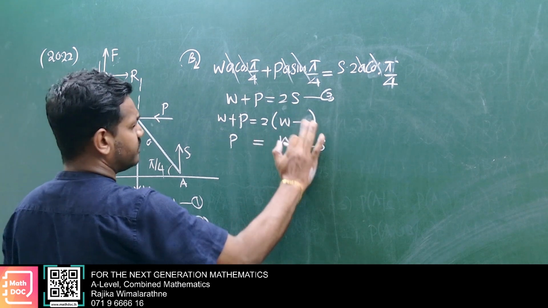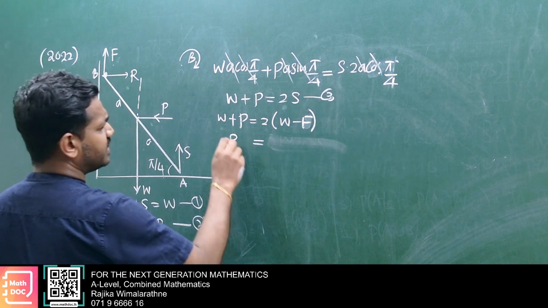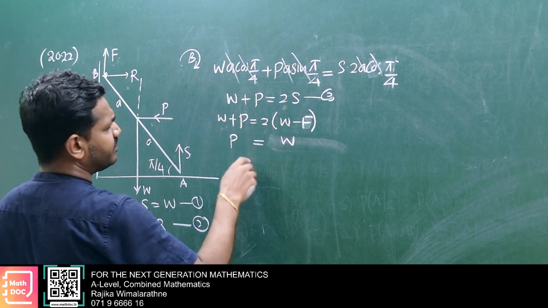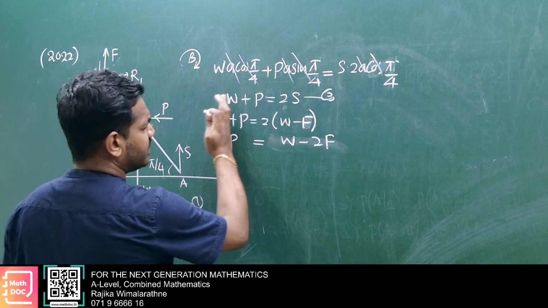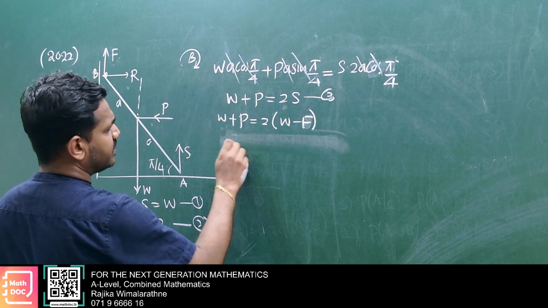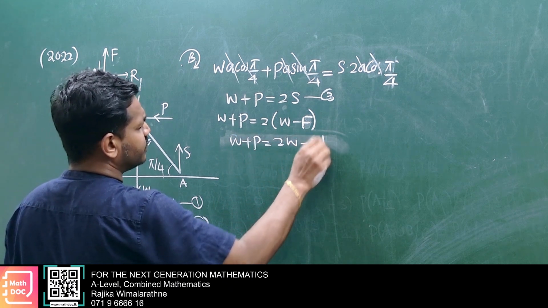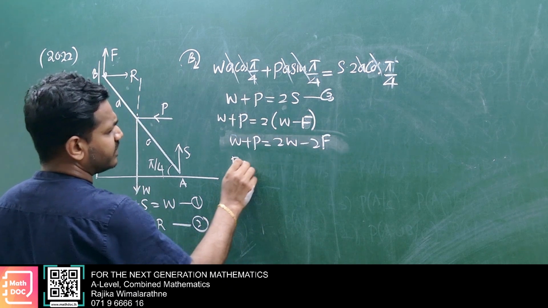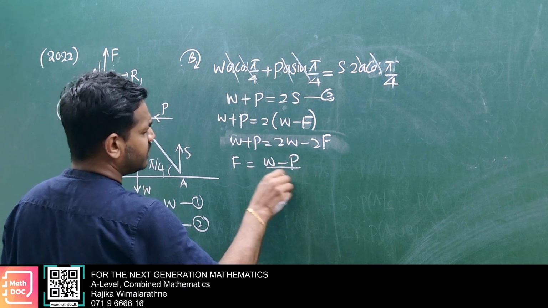W minus F, no? Then 2W minus 2F. Then W plus P, 2W minus 2F. Then F equal W minus P divided by 2.